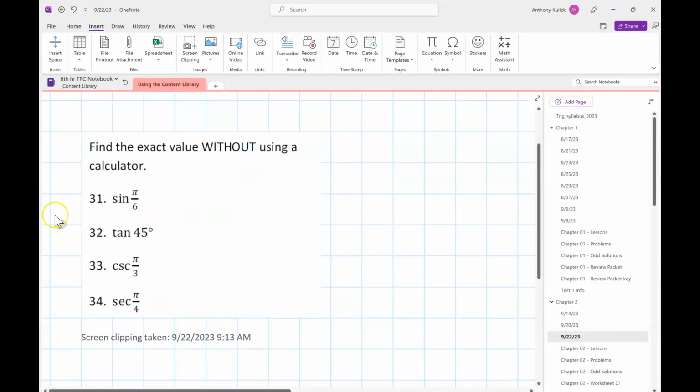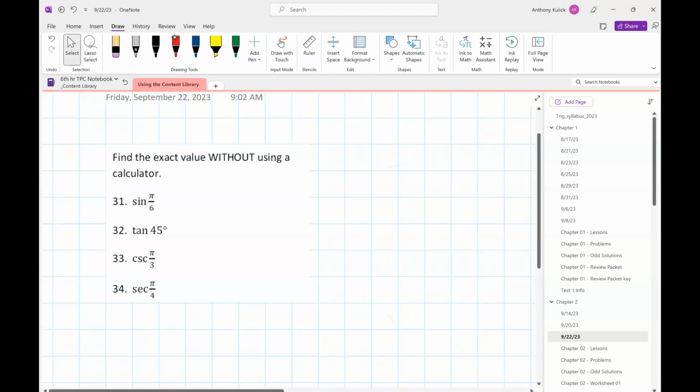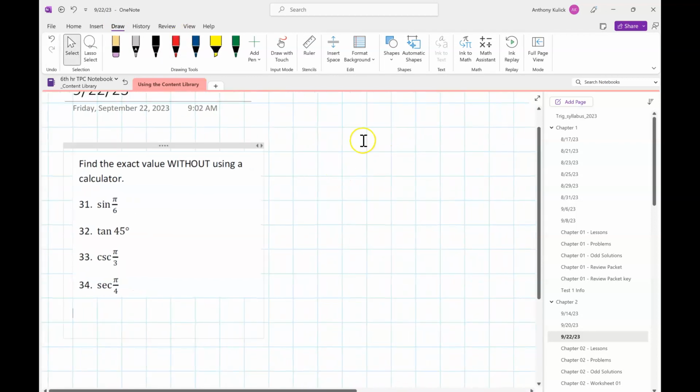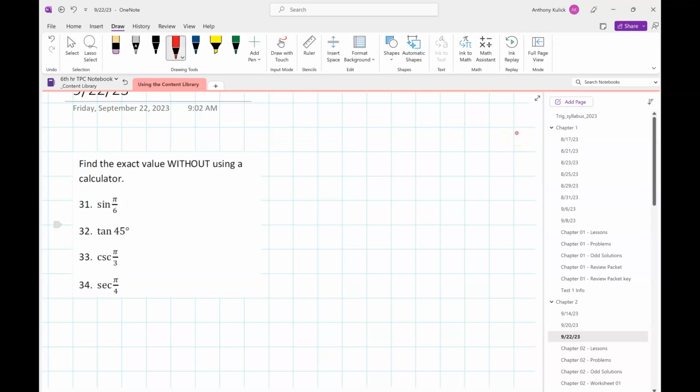All right, so here it asks us to find the exact value without using a calculator. The only way you can do that is if those angles are 30, 60, or 45 degrees. So I'm going to take sine of pi over 6. What is pi over 6?